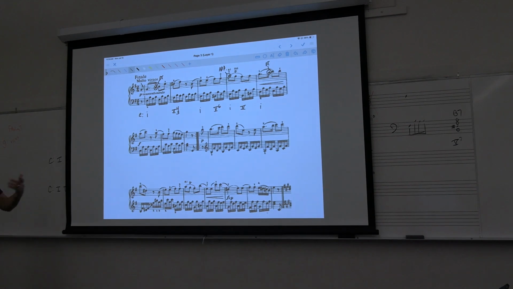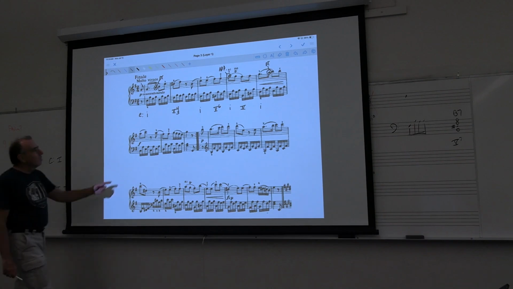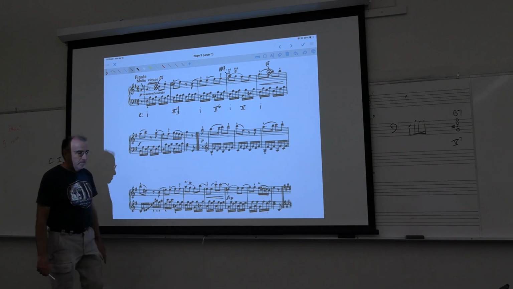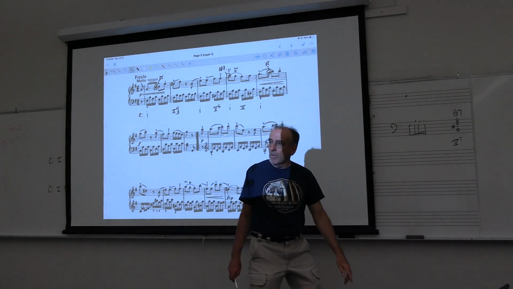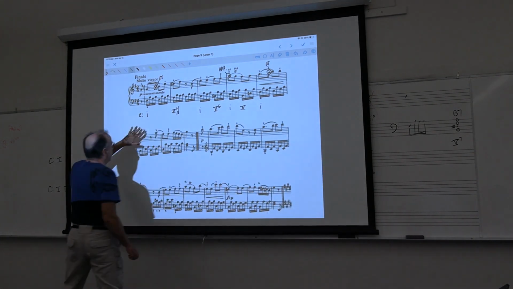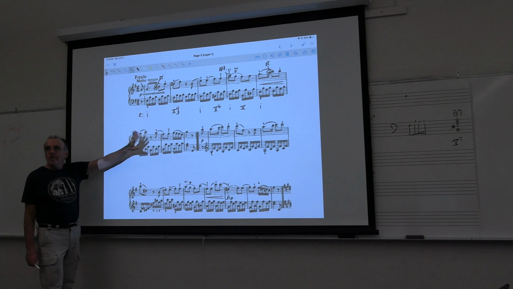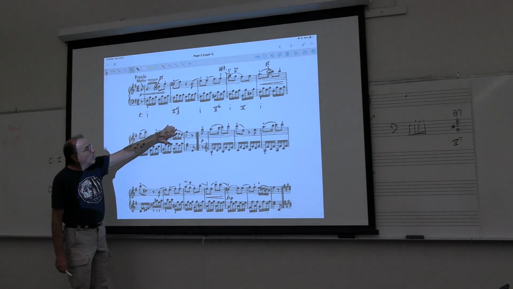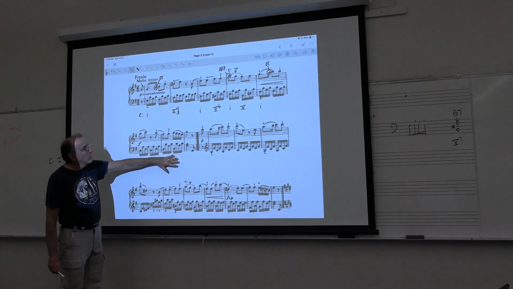Again, if you want to just say root name and quality, we've got C and A and E and A and C and A and E and A. 4, yes, 4, which is an A minor triad, right? Okay, so we've established that. That's A minor and 4 chord. What about this one here?